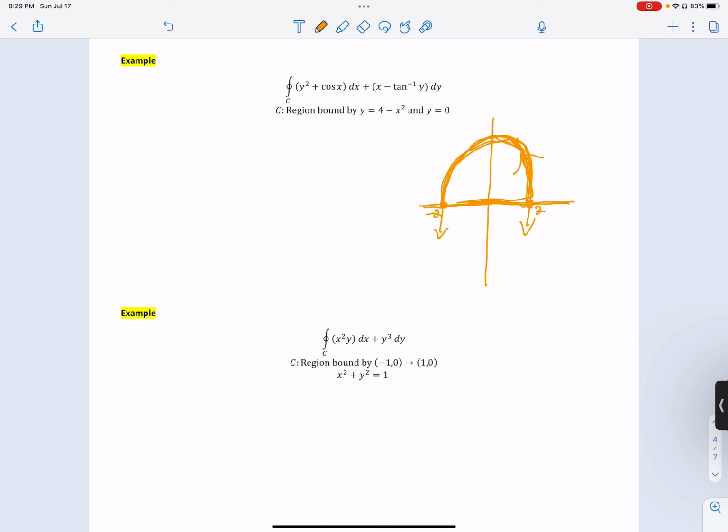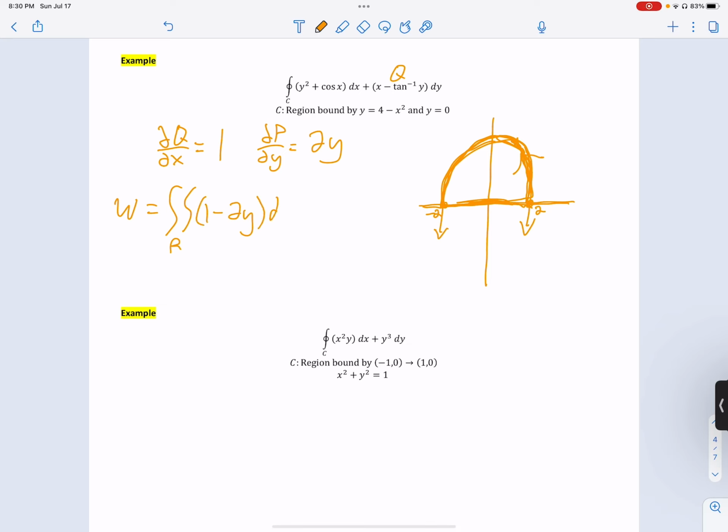All right, so I just have to make sure it's not conservative and set it up at the same time. Partial of Q with respect to X, we get 1. The partial of P with respect to Y, we're going to get 2Y. So this work over region R is going to be 1 minus 2Y dA.